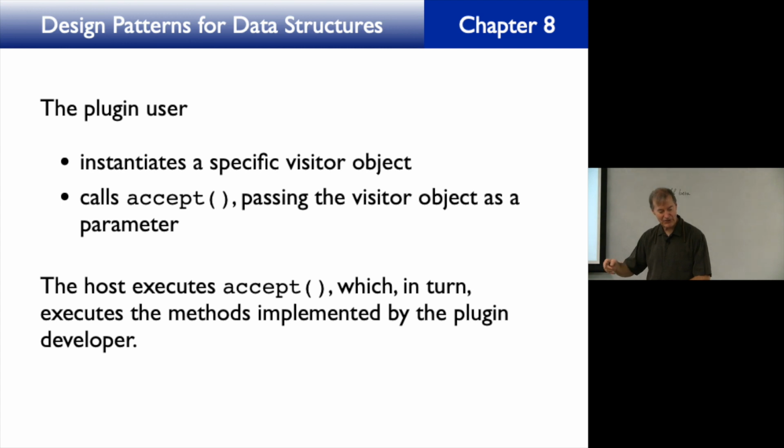The accept in turn executes the what? Because the accept took what? The visitor, so accept uses the visitor to execute the visitor methods that the plugin developer wrote. Okay, so you remember that's the idea. So this is all reinforcement.